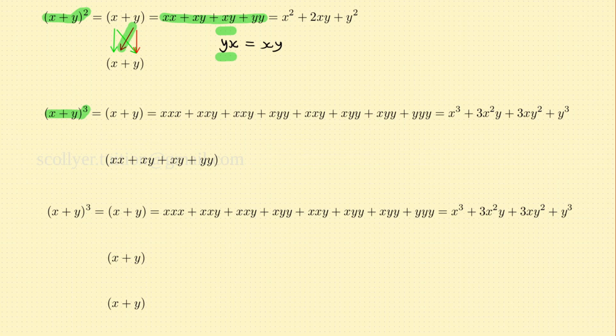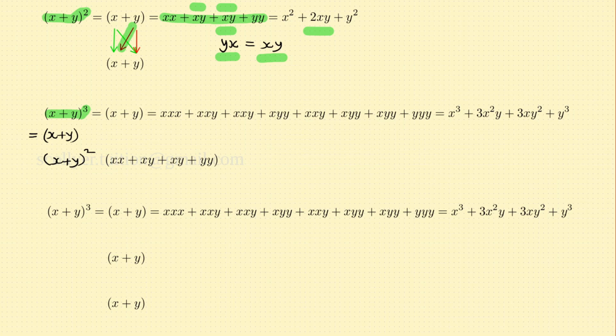But since yx equals xy, where x and y are real numbers, we can simply interchange the order of x and y. And so it ends up that the second term and the third term have precisely the same form, and we can therefore bring them together as like terms to produce 2xy when we simplify the expression.